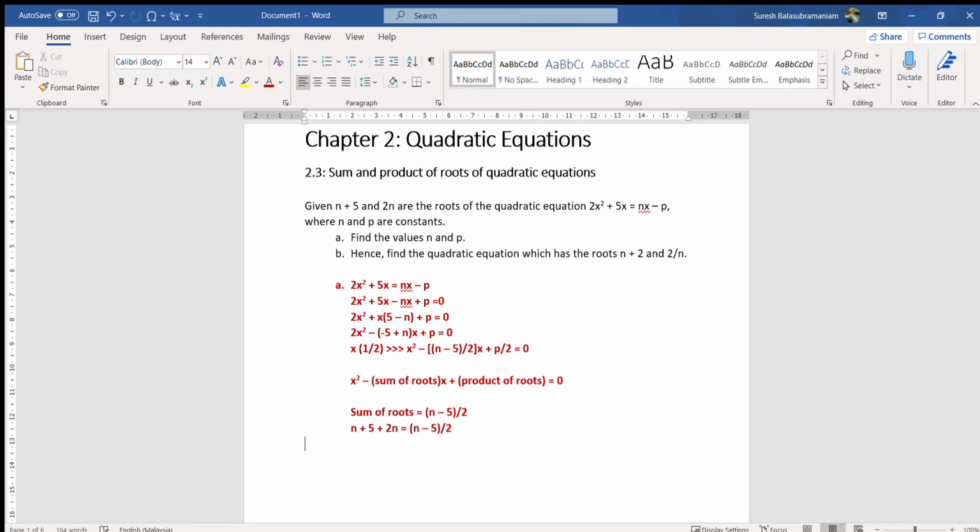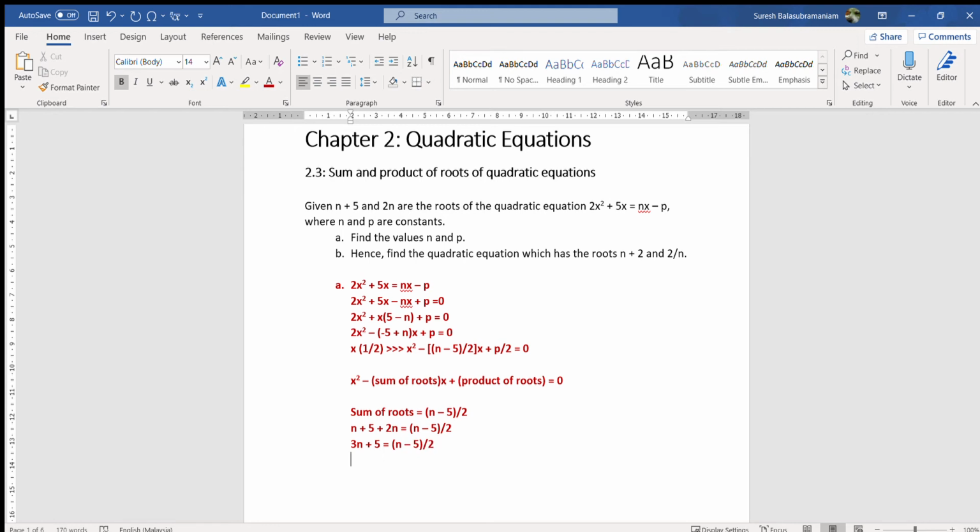So adding up, 2n plus n is 3n, so 3n plus 5 equals n minus 5 over 2.